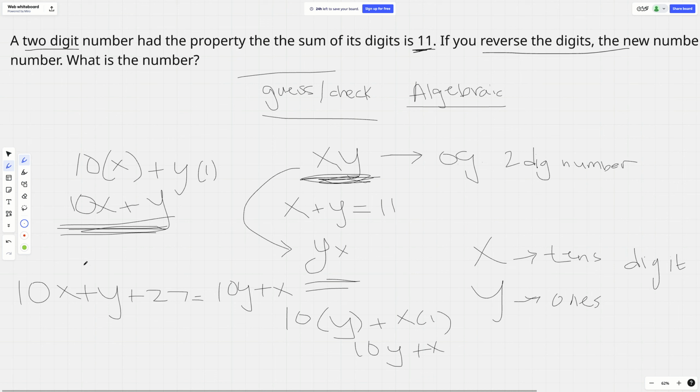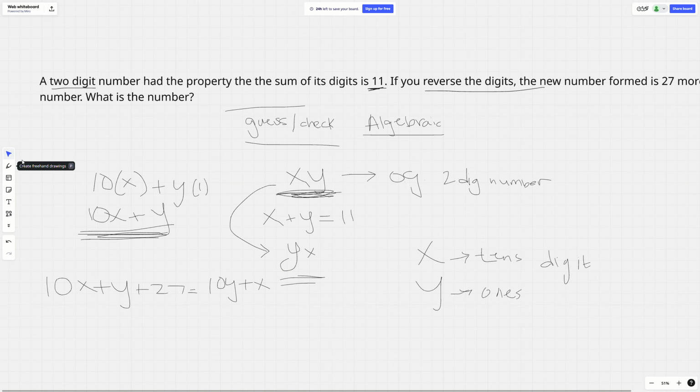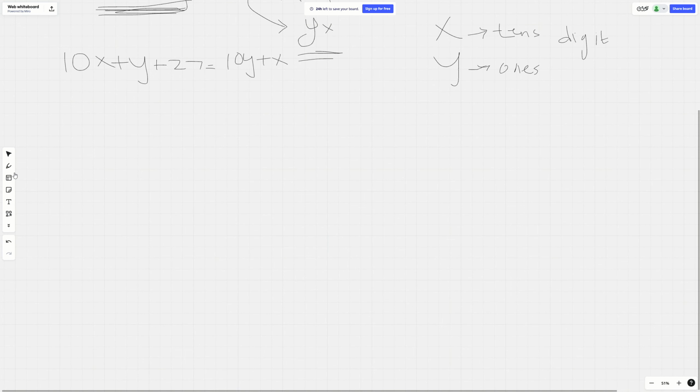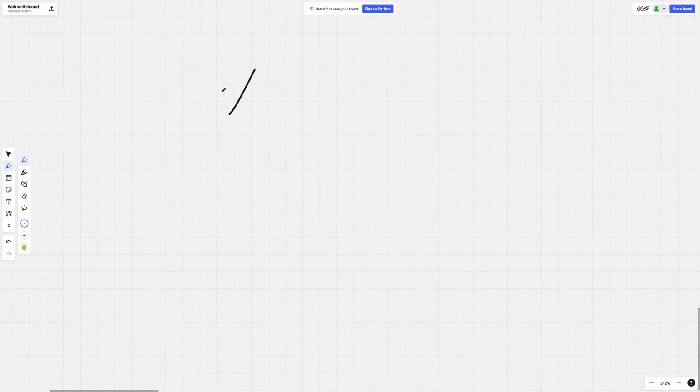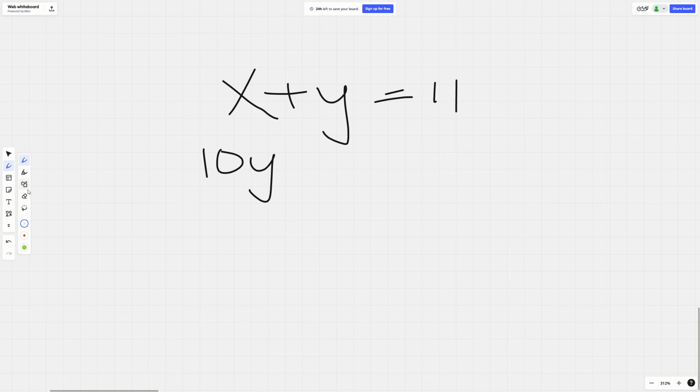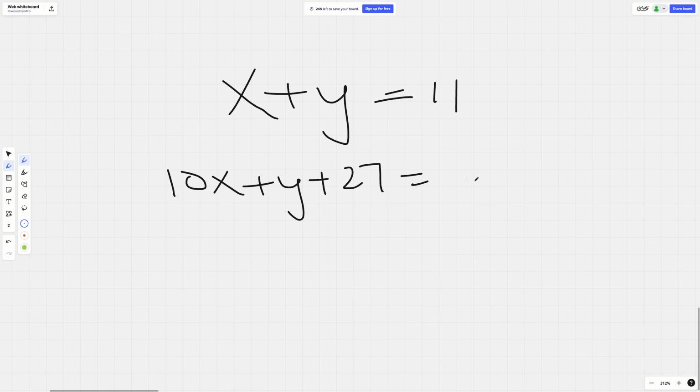And from here, believe it or not, we actually do have everything we need to solve for x and y. To consolidate what we just discussed, on a different page here, we see that x plus y, the sum of our two digits, was 11, and 10x plus y plus 27 is equal to 10y plus x.